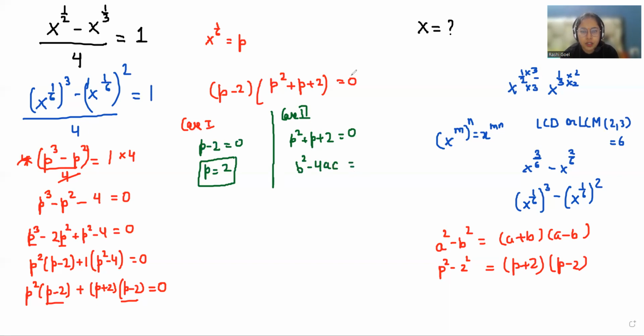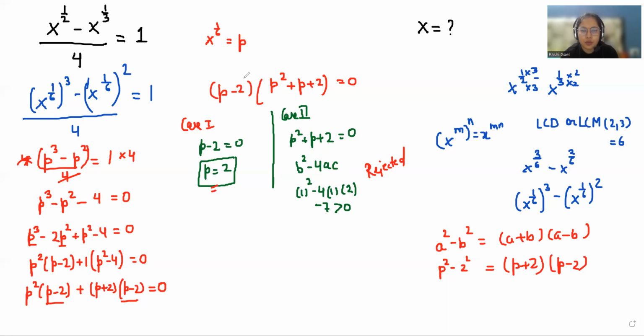We'll check. So b square is coefficient of p, that is 1 square, minus 4, a is coefficient of p square, that is 1, and c is the constant term, that is 2. So 1 square minus 8 is minus 7, which is less than 0. And if the discriminant is less than 0, there is no real solution. So we'll reject this case and accept this case.